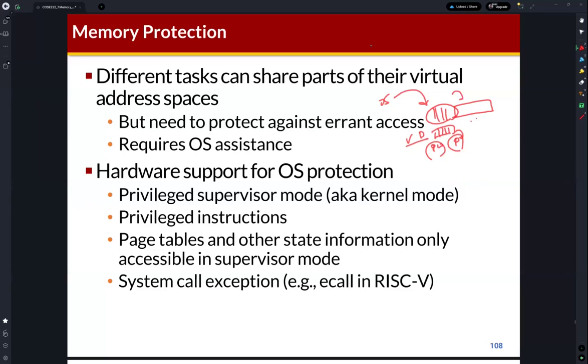So it adjusts the privilege level or permissions for accessing the target pages. Okay. So for example, very critical pages such as the kernel pages need to be protected, right?